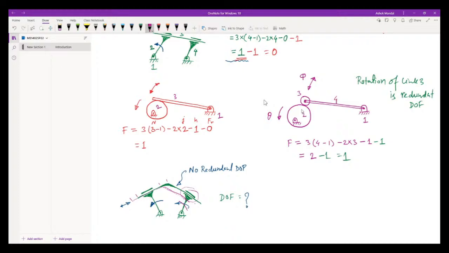One thing is very clear, that the degree of freedom is 1, right? Because we are coming to that definition, in the next class I will discuss that. So one definite motion to one link, and you get a definite motion to the other link.